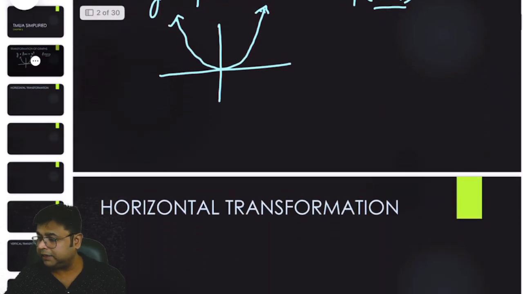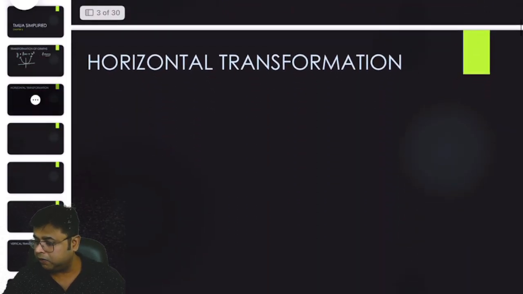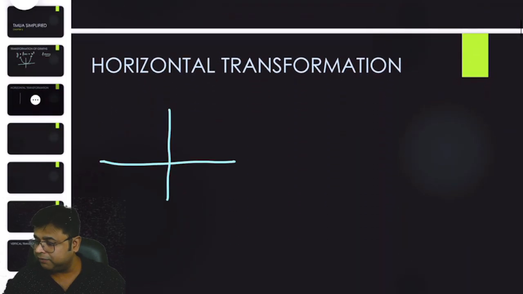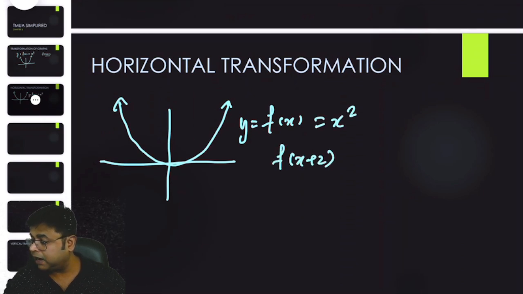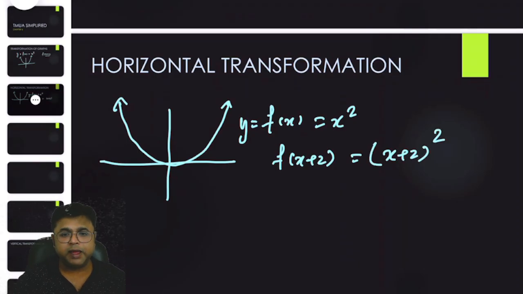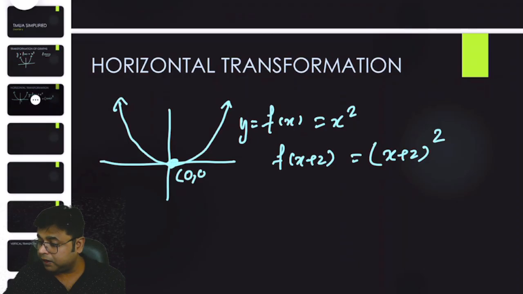So let's understand again through horizontal transformation. I have this graph, and this is of y = f(x) = x squared. For f(x + 2), the graph will be (x + 2) whole squared. So where will it go? Initially, the value of y equal to 0 was at x equal to 0.